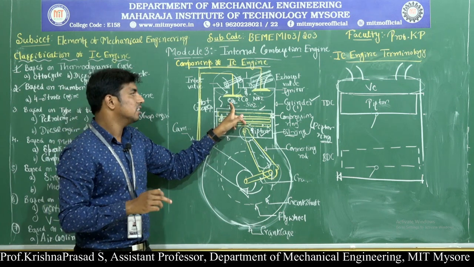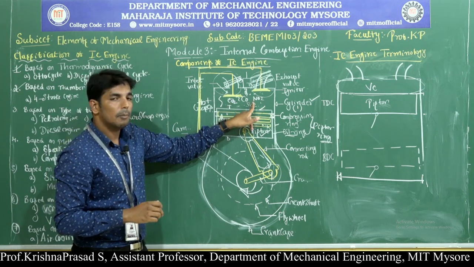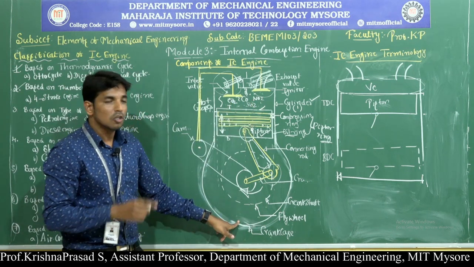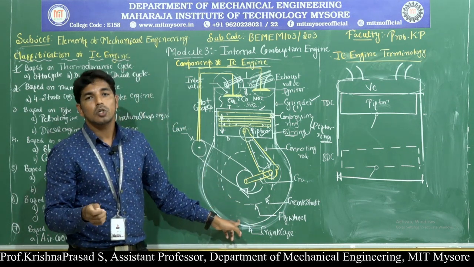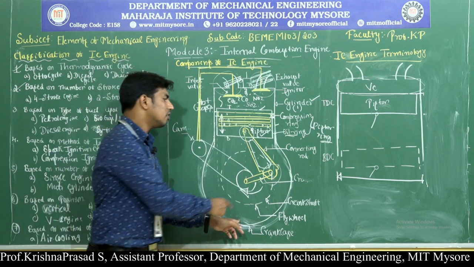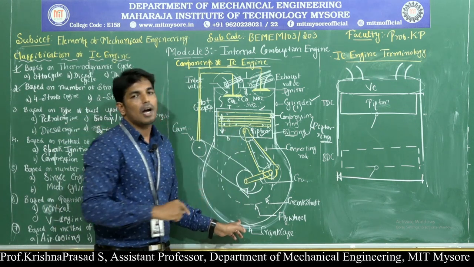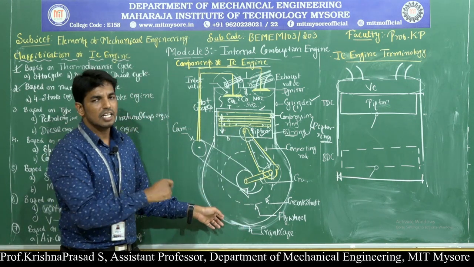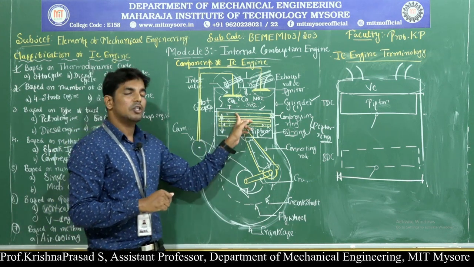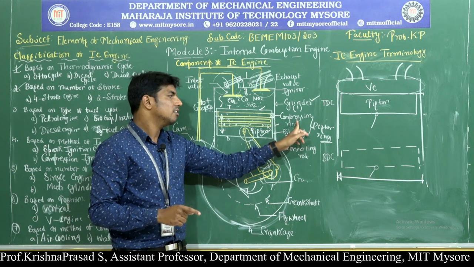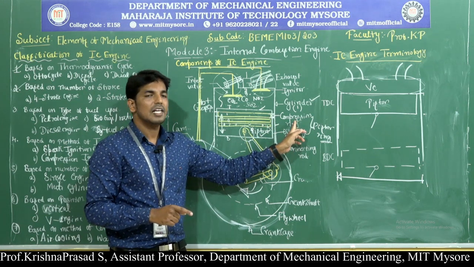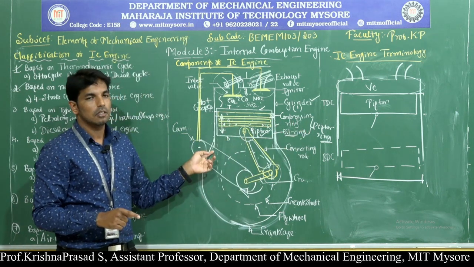If these gases enter from the combustion chamber into the crankcase, then the engine oil present inside the crankcase is going to lose its viscosity, and it will damage the entire parts of the automobile or engine. That's why we need to maintain a gas tight joint between the piston and the cylinder. Hence the compression ring is placed at the top end of the piston.